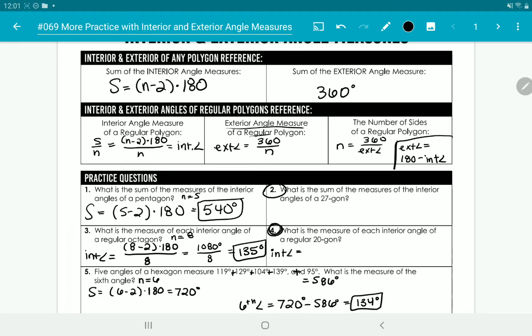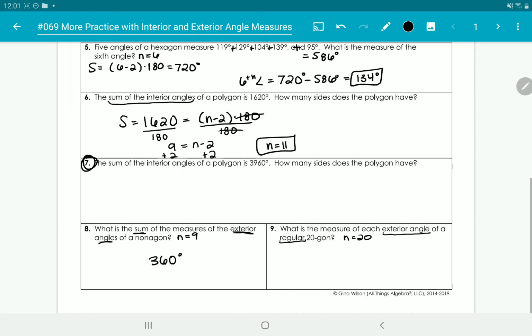So we're going to be looking at this one. So the exterior angle is 360 divided by n. So we'll do 360 divided by 20. If we calculate that out, we're going to get 18 degrees. So each of those exterior angles of this 20-sided figure, each of them are the same, are going to be 18 degrees.